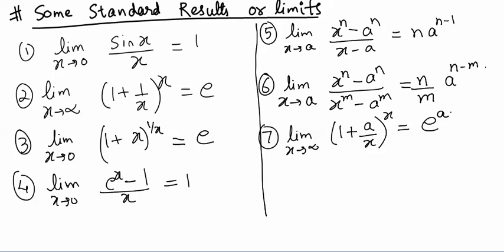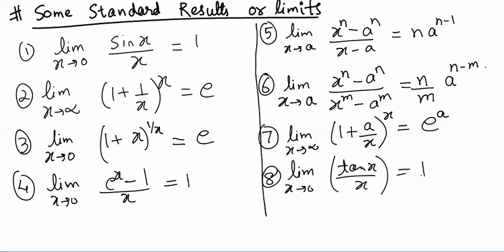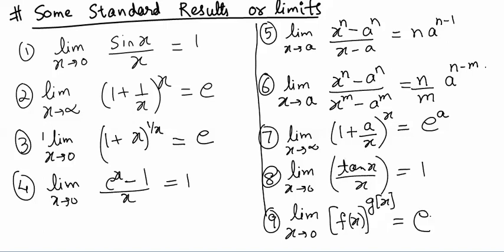Getting my point? Right? Then very simple phenomena like limit x tends to 0, tan x upon x can be written as 1. Right? One more standard result which you can use is limit x tends to 0, f(x) to the power g(x), function of function, can be given as e to the power limit x tends to 0 g(x) into (f(x) minus 1).